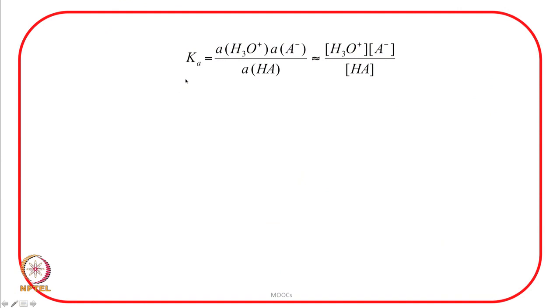Now, let us write an equation for the acidity constant Ka. We always write Ka as the activity of hydronium ion into the activity of A minus divided by the activity of HA. Now, let me assume the activities to be close to concentrations, that is, I am assuming that the solution is very dilute.